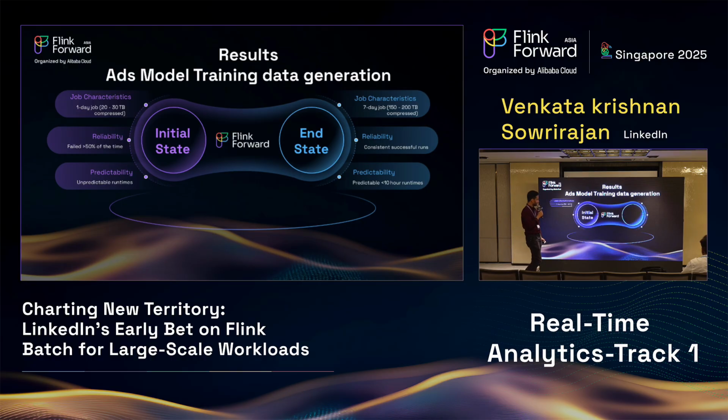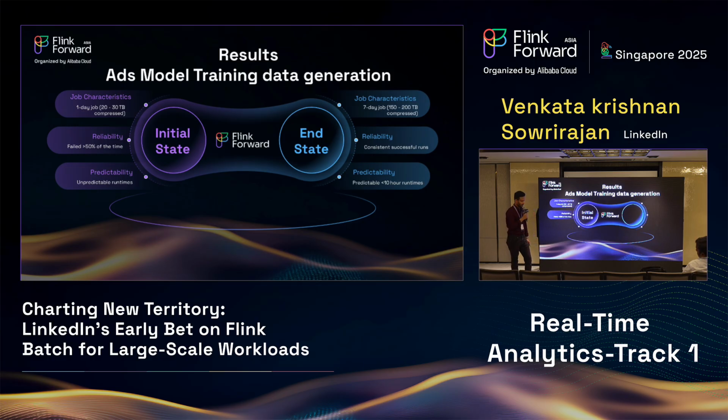Initially, when we tried to run with vanilla Flink, we ran this job to generate one day worth of ad training data, which is roughly about 30 TB on disk compressed. But when it is read in memory, it explodes 50x. So sort of going into the petabyte territory.